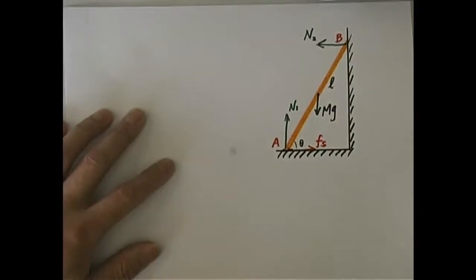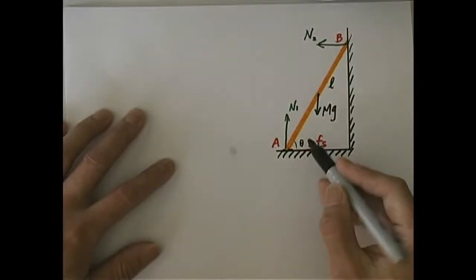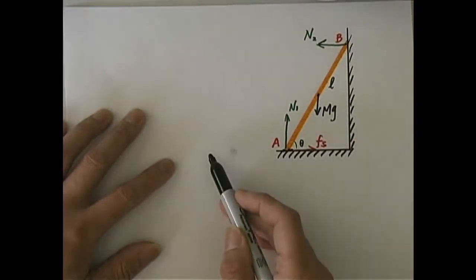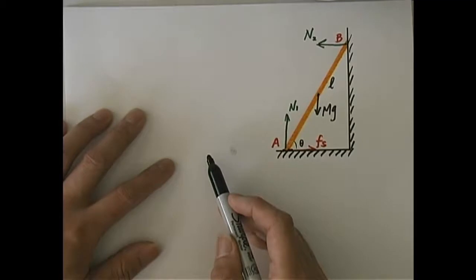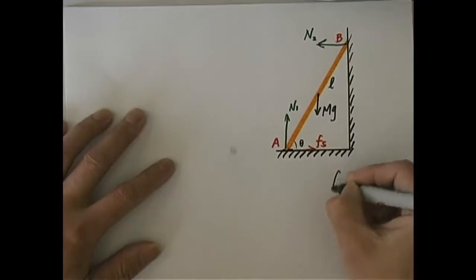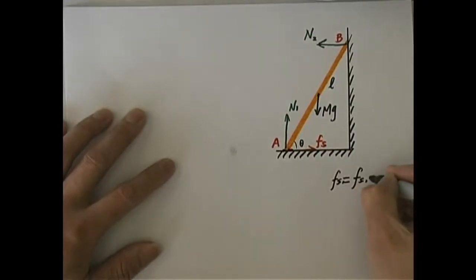So my question is, what's the minimum value of the angle? You notice when the angle is at minimum value, this thing is on the verge of sliding. It is just about to begin sliding. That happens when static friction has already reached its maximum possible value, Fs equals Fs maximum.